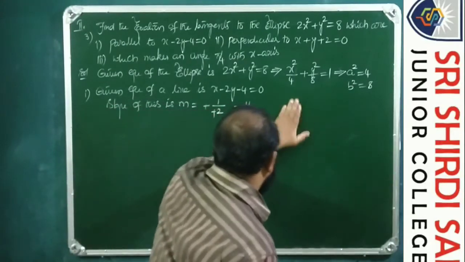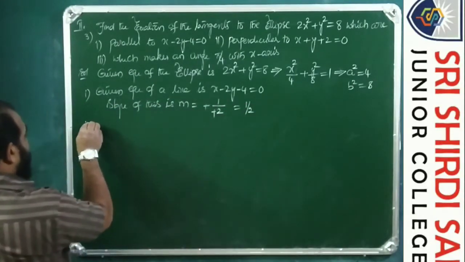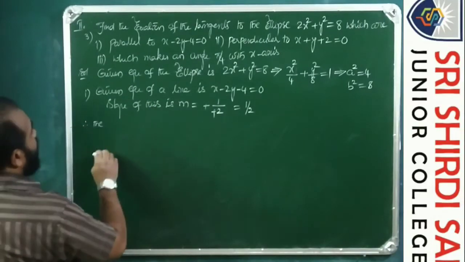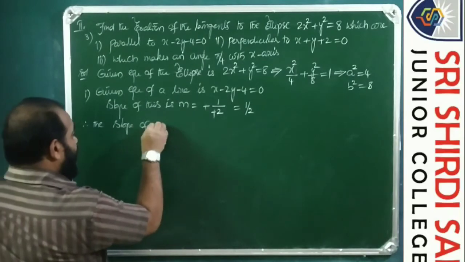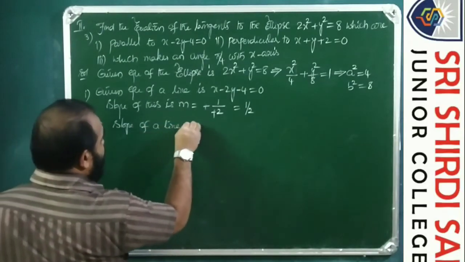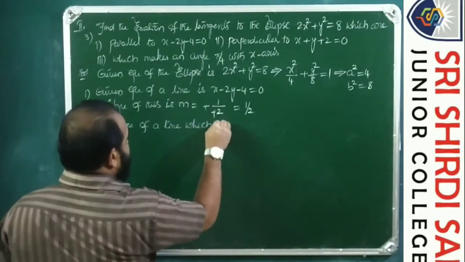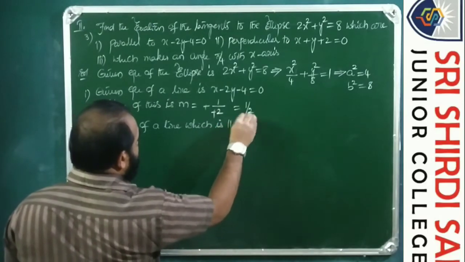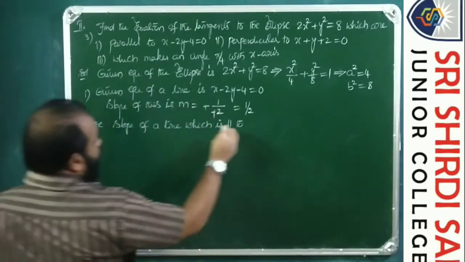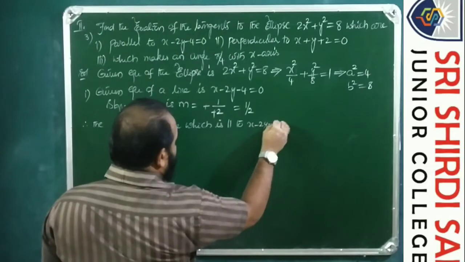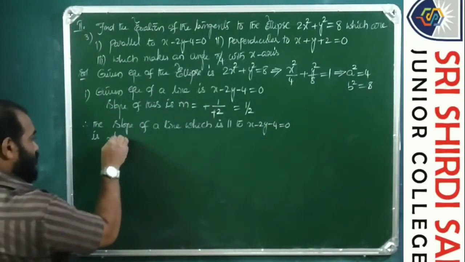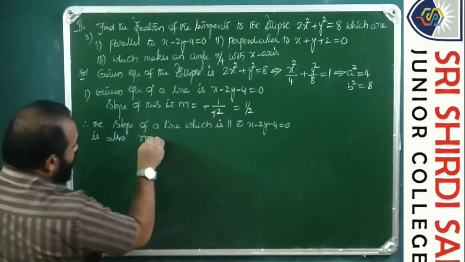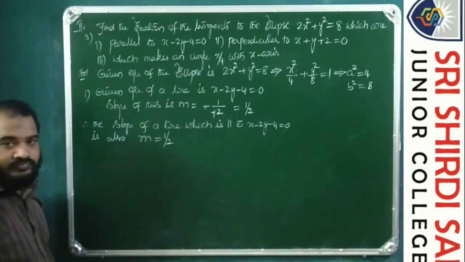So the slope of a line which is parallel to x minus 2y minus 4 equals to 0 is also the same, m equals to 1 by 2.